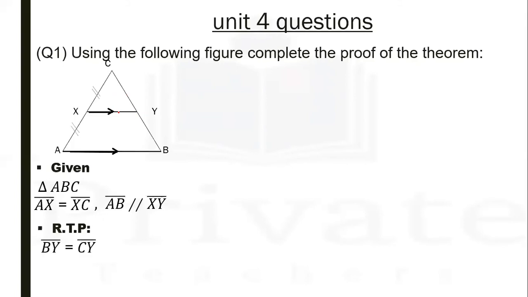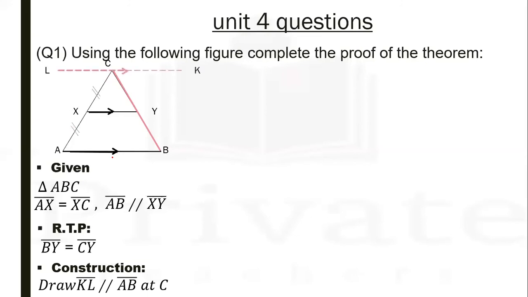BY is equal to CY. We want to prove that the sides here in red are equal. We have to make a construction, which is to draw KL parallel to AB. We will draw a line here, name it KL, parallel to AB.